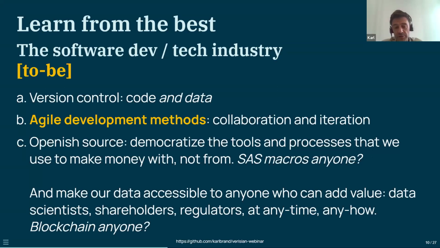But the tools that we use, so the programming languages and the processes that we use, we don't make money from those specific things. So it doesn't make sense to hide them, but rather to democratize them and to collectively improve the tools and processes that we work with to get our tables, listings, and figures and other documents to the regulatory authorities.